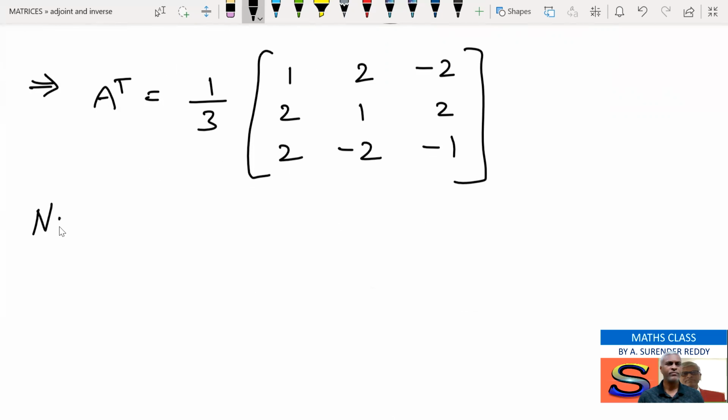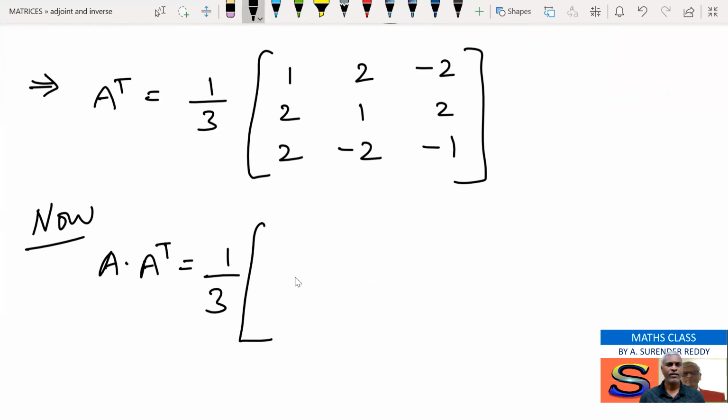Now let us multiply A with AT. So what is A? 1 2 2, 2 1 minus 2, minus 2 2 minus 1.